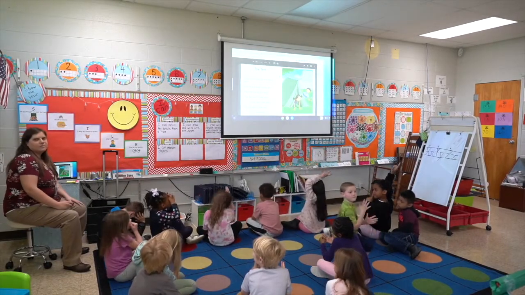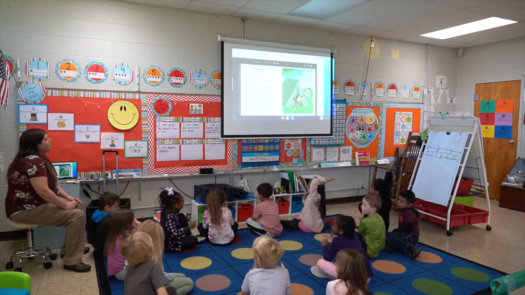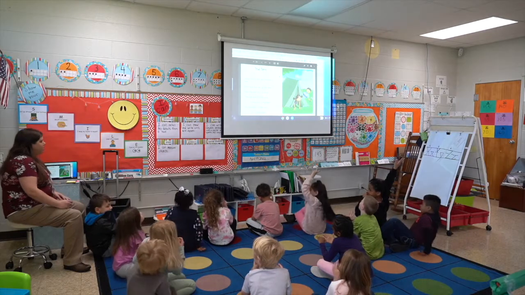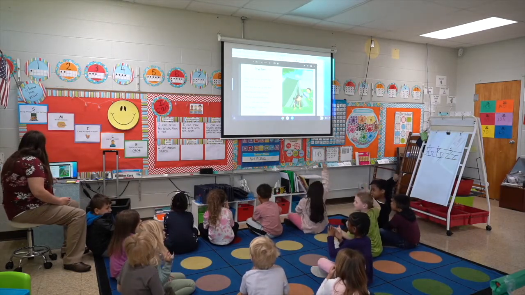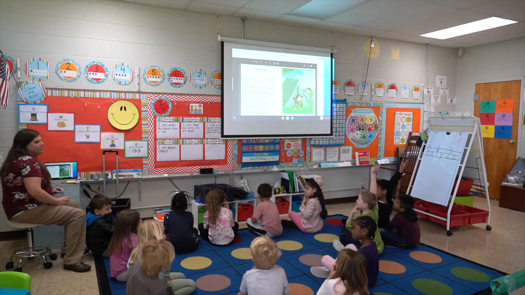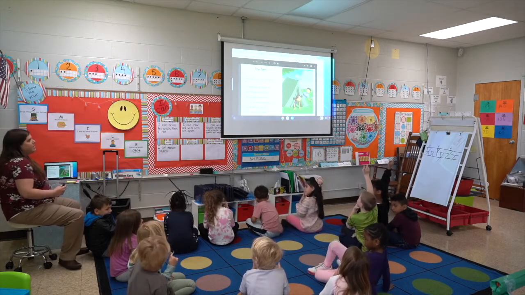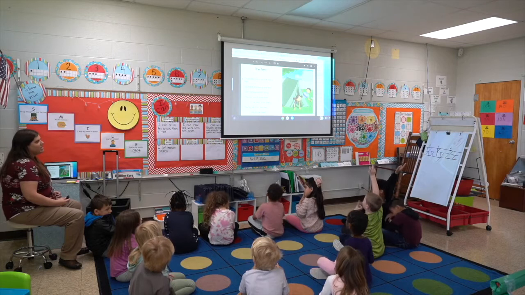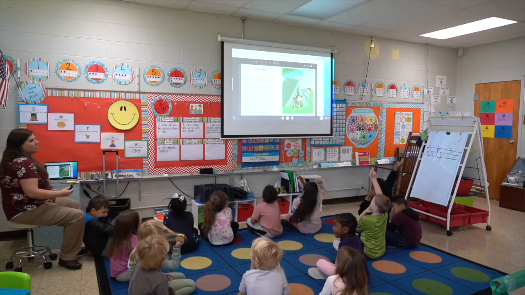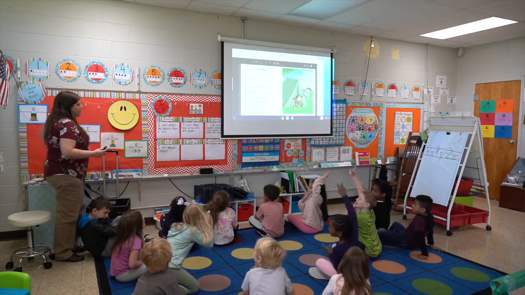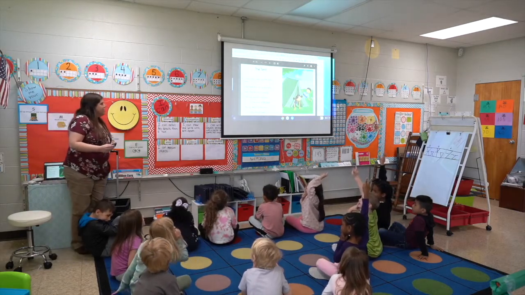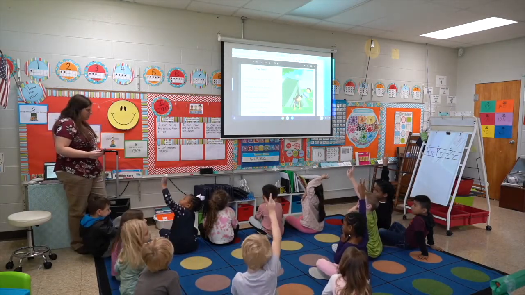Okay. This story is called The Tent. So I'm going to call on some people to come up and read a sentence or two at a time. And this story is very interesting because the bottom part of this page actually has a song. So, let's see. Someone who has not had a chance to read yet.